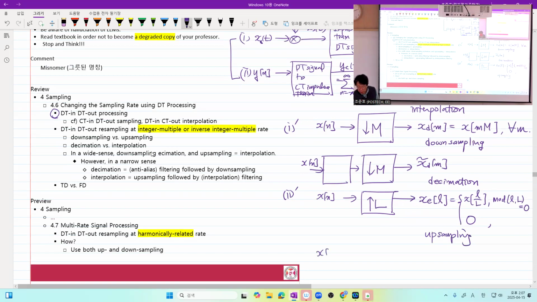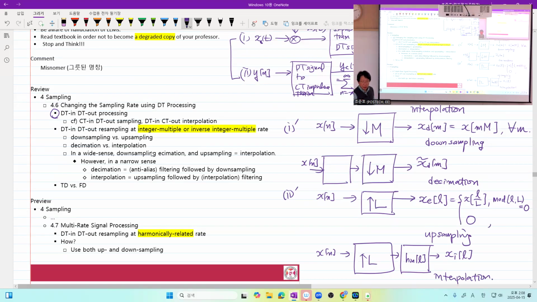And sometimes we have an upsampler followed by an interpolation filter. And this is, of course, called interpolation. Got it? And in order to remember clearly, I gave you a mnemonic to memorize this one, so you will never forget.